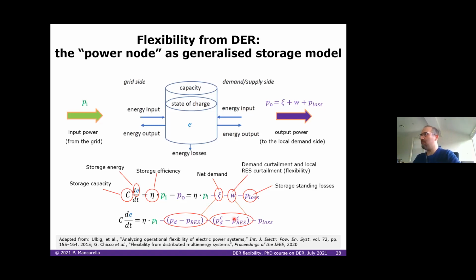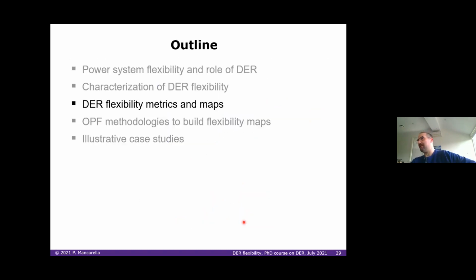We'll show this more later. You can also curtail renewables, which is a form of flexibility. So this kind of equation, in very simple terms, and this modeling is really powerful in representing all the possible flexibility features that one might encounter.